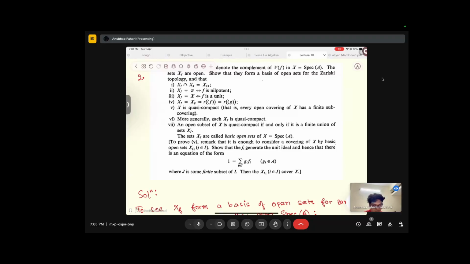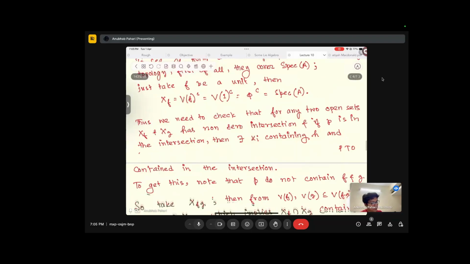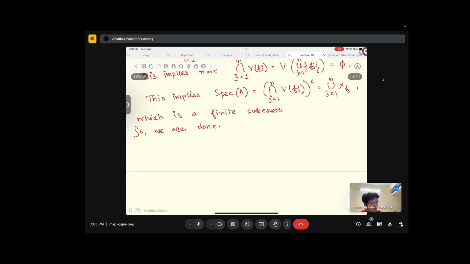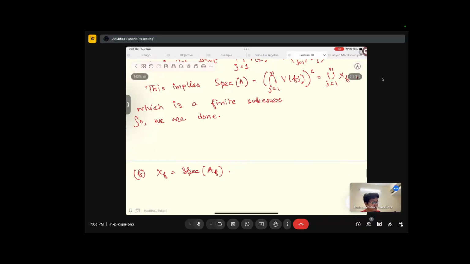So we will show that not only these Spec, but these Xf are also quasi-compact, but this is a one-liner. Once you know that Xf is Spec of Af, so Xf is quasi-compact.